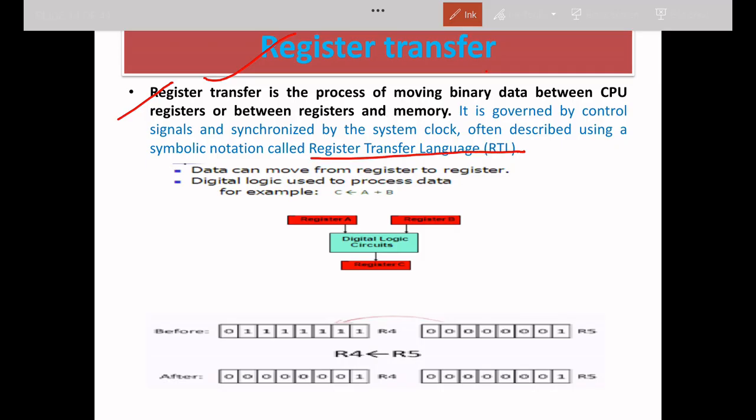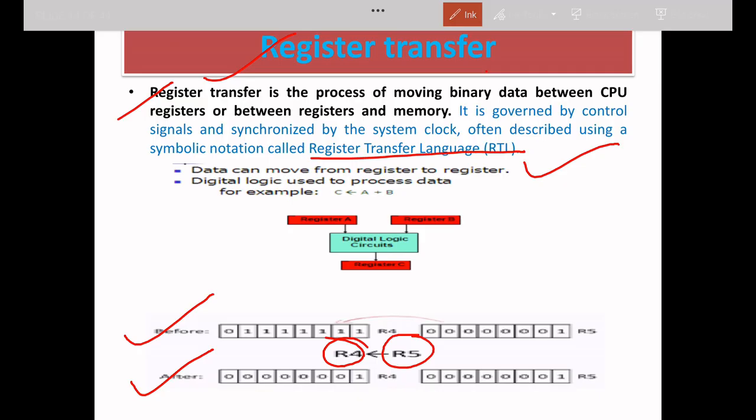Now what is the meaning of this? I will show you. Suppose you want to transfer the data. You see here, this was the data before, and this is after the transfer. What you have done is transfer the address from R5 to R4. If you want to transfer the address, data can move from register to register. You have to remember that data will move from register to register. So what logic are we using?